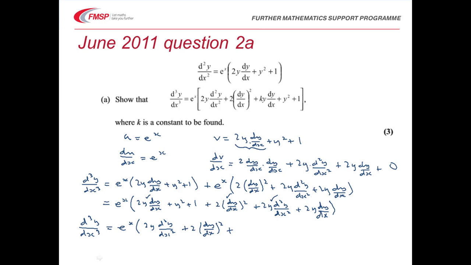There's 2 dy by dx, and another 2 dy by dx is 4y dy by dx. And then I can see the y squared plus 1. K is a constant to be found, so I can see k is the coefficient of y dy by dx, so k is 4.